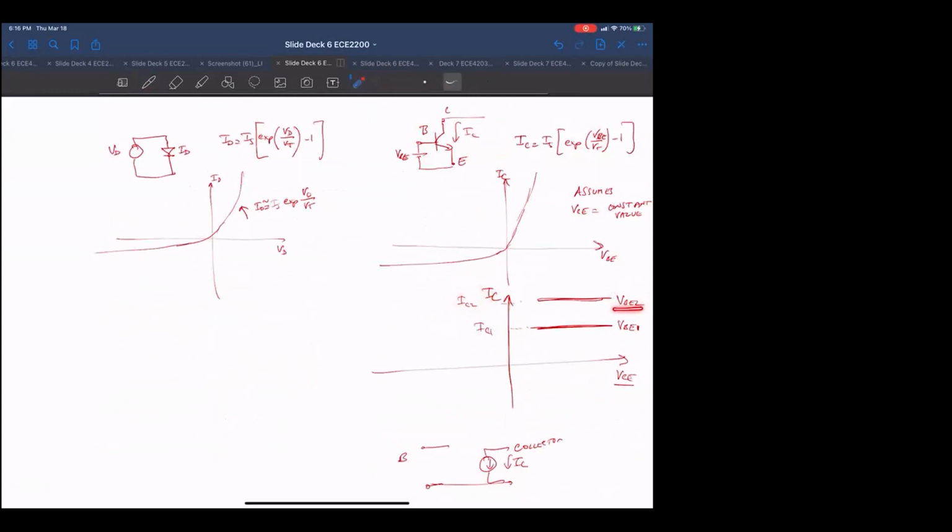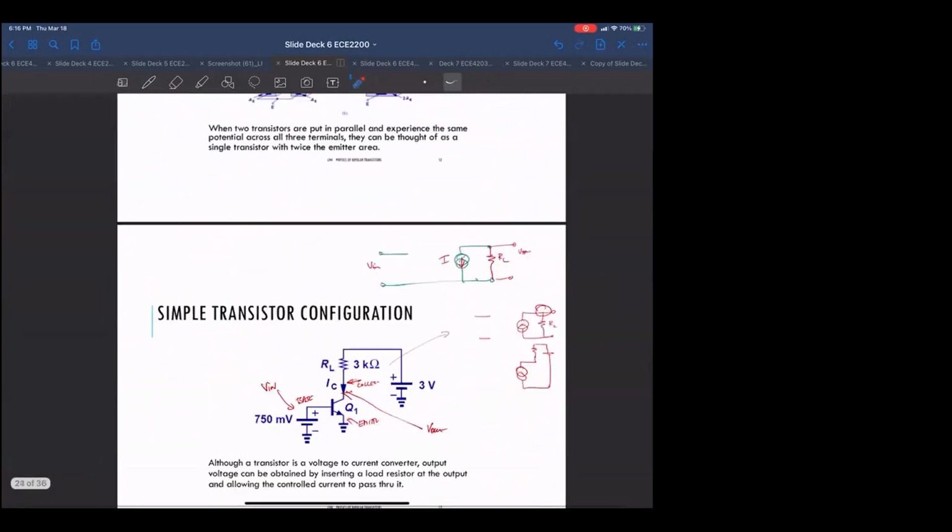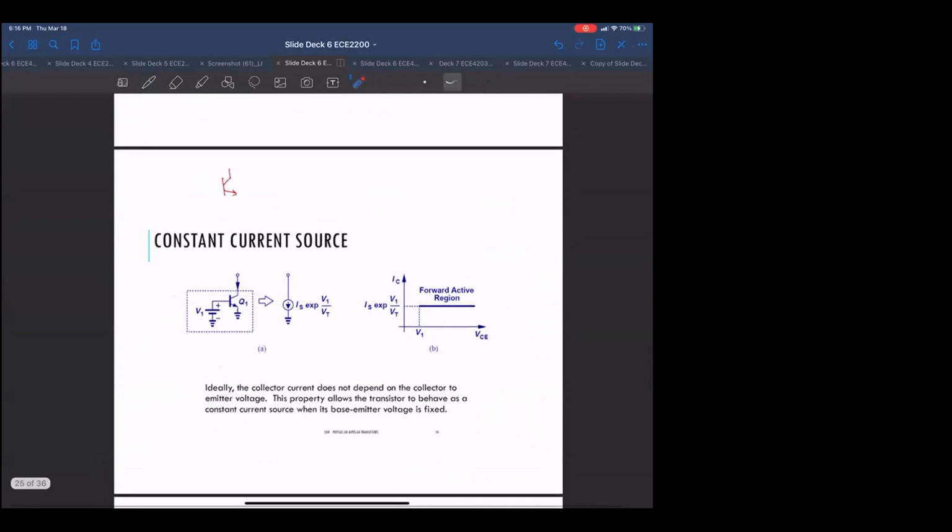So for this curve, I'm holding VBE constant at VBE2 and modulating VCE and seeing no change, but it's at a higher current value than another VBE curve that's at a lower value. So that's what we're looking at here.